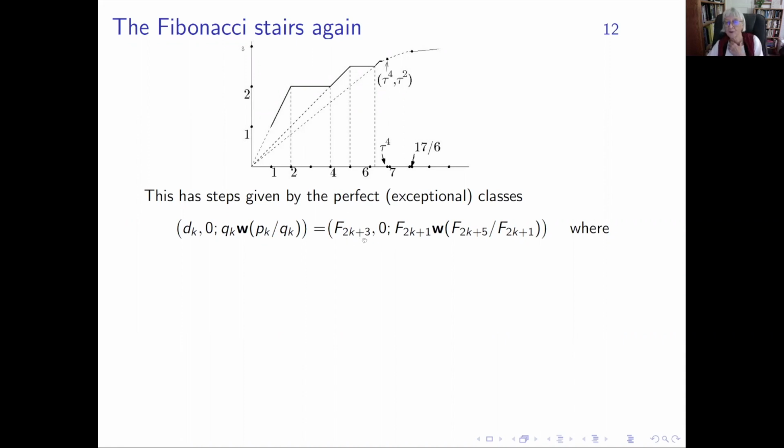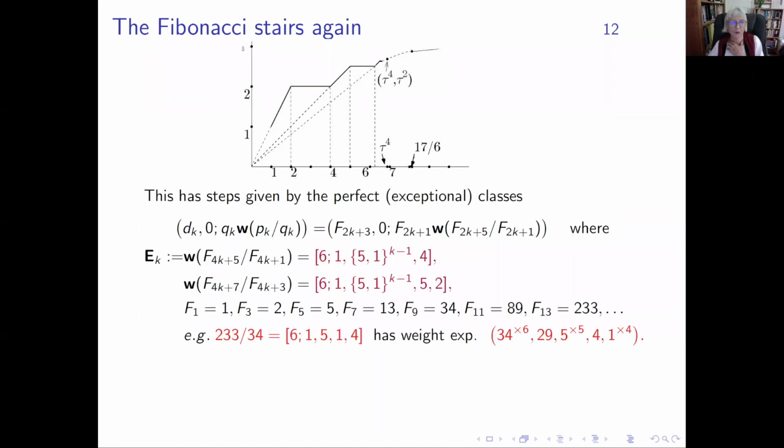And then the degree is actually the middle Fibonacci number. And to give you what these look like, the weight expansion, if you have 5 and 1 here with a 4 here, has lots of 5 1s and then a 4. If you have a 7 over 3, you get the same thing, lots of 5 1s and a 5 2. So you have these 2 possible endings.